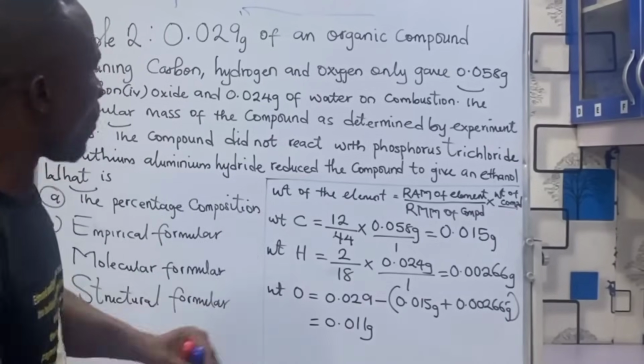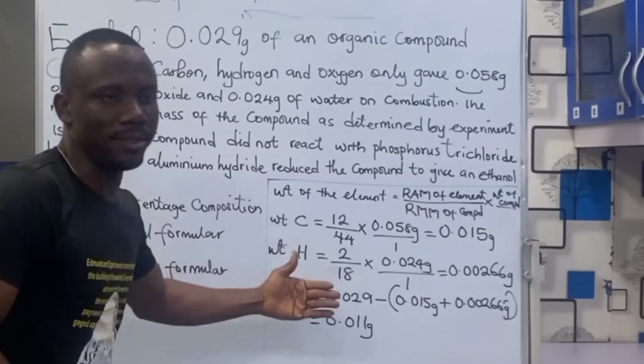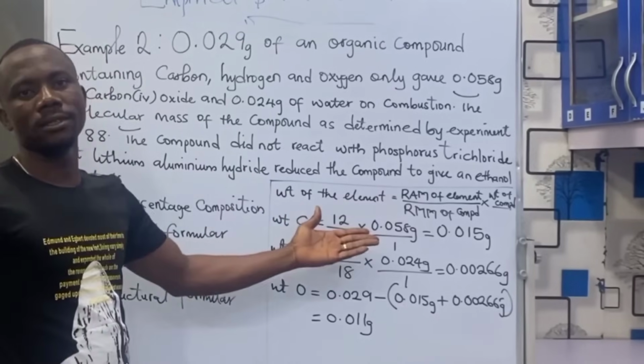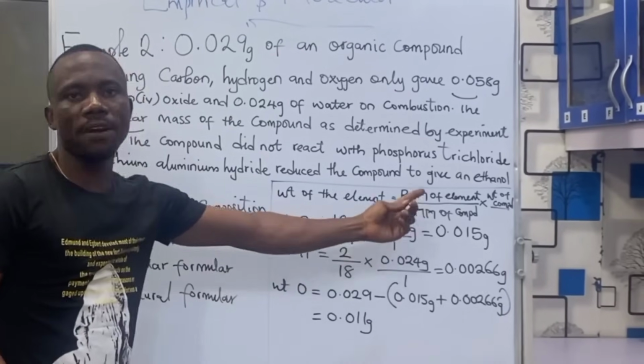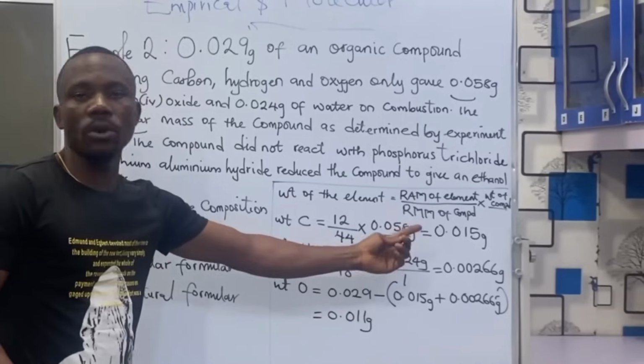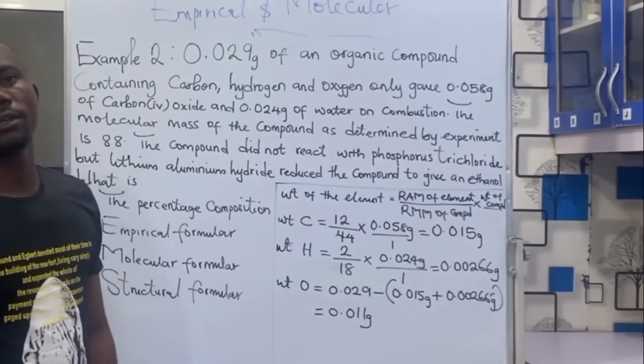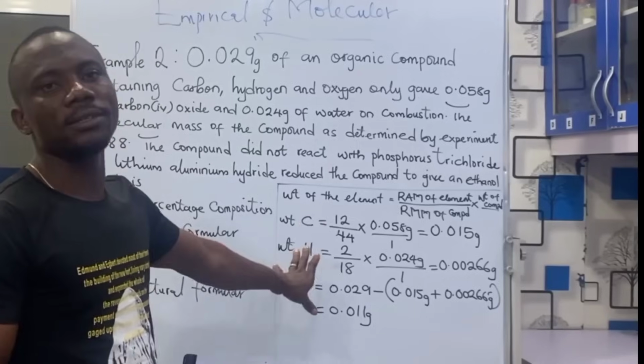So the weight of each individual element present in the unknown compound is determined: carbon 0.015, hydrogen 0.00266, and oxygen 0.011 grams. So step 1 is done.